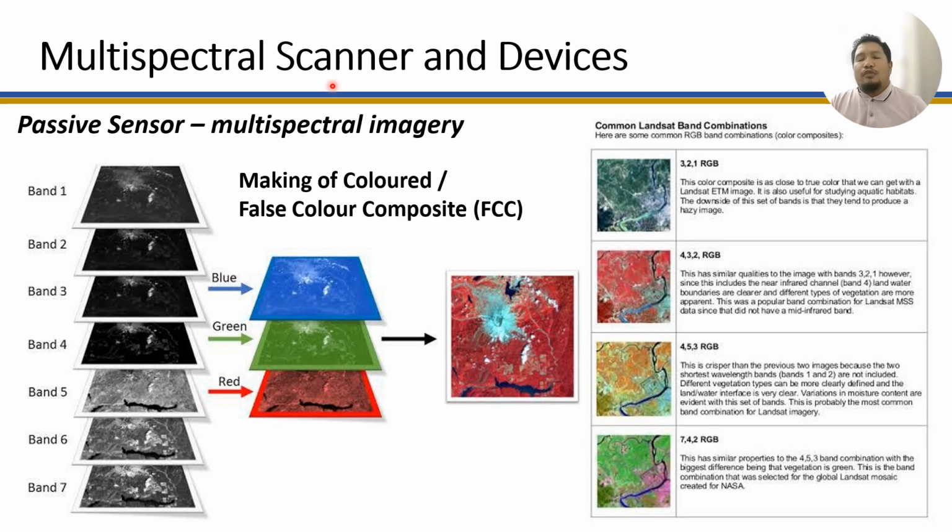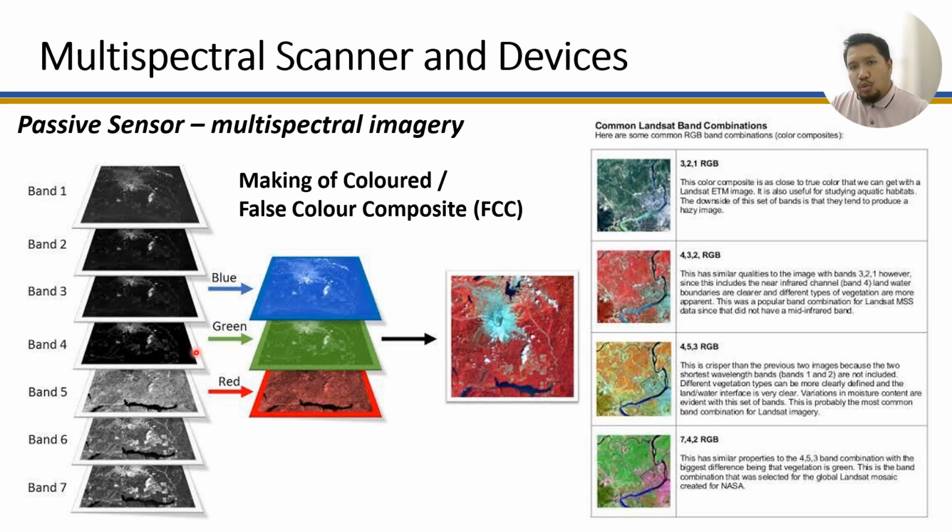Most software provides an RGB (red, green, blue) combining function like this. If the correct bands are assigned to the corresponding RGB channels, it will result in what we call a true color composite. In this case, the red band, which is band 3, is assigned to red, and the green band, band 2, is assigned to green.